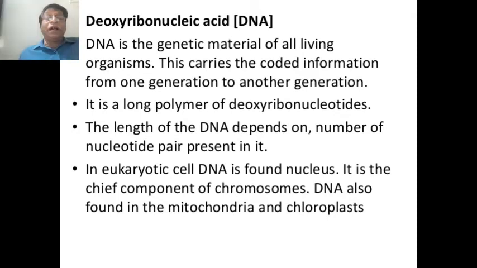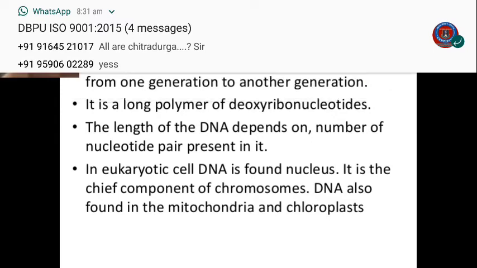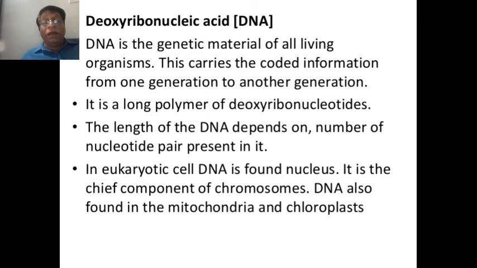Lambda phage contains 48,502 nucleotides. The E. coli bacterium contains 4.6 into 10 to the power of 6 base pairs. The human haploid cell contains 3.3 into 10 to the power of 9 base pairs. It is the characteristic of an organism also.